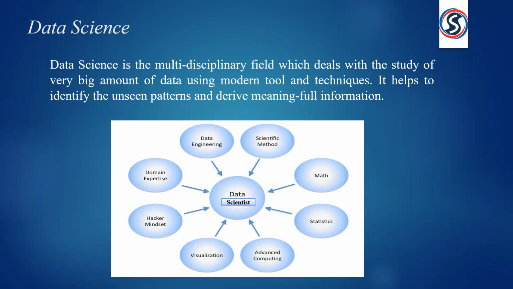Whether you are a data scientist, a machine learning engineer, a deep learning engineer, or a data analyst, there is a lot of diversity in the data science and artificial intelligence field.